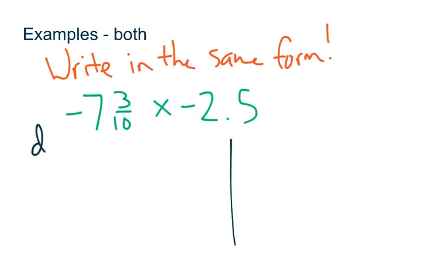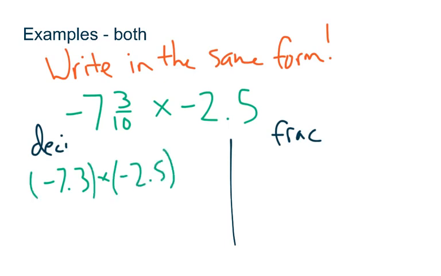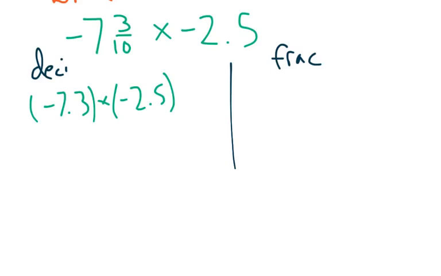So let's say for this side we'll go decimal, and this side will go fraction. So if I went decimal, I'd have negative 7, and then instead of saying 3/10, I just say 7.3 times negative 2.5. And for that, I have to crunch some numbers here.